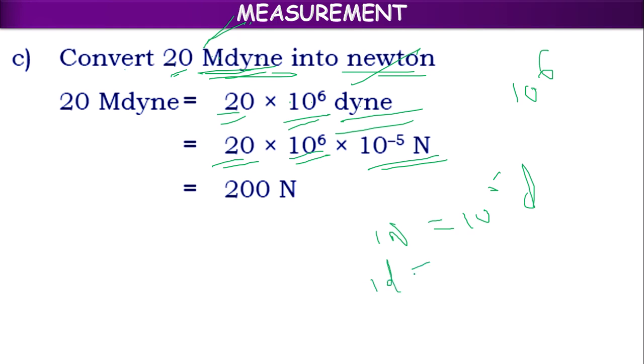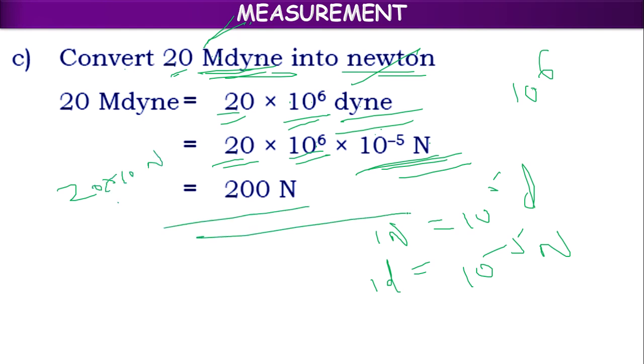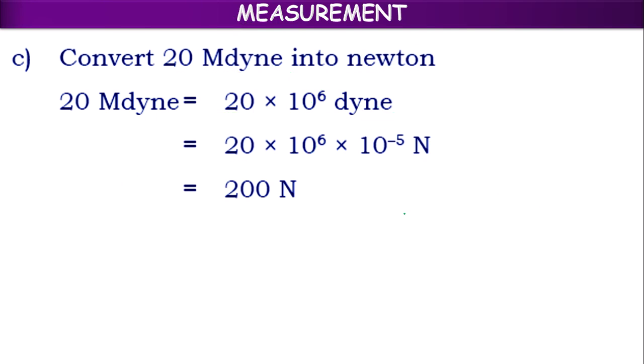So 1 dyne equals 10 power minus 5 newtons. 6 minus 5, 1 means 10. So we can write 20 into 10 newtons, which is equal to 200 newtons.